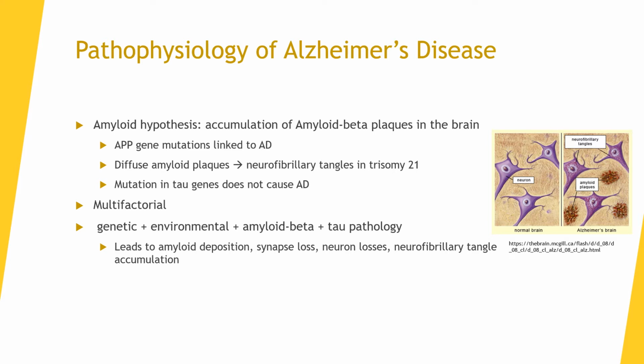Lastly, the amyloid hypothesis has been in contention with the tau hypothesis, and the support for amyloid is that mutation in tau genes does not cause Alzheimer's disease.